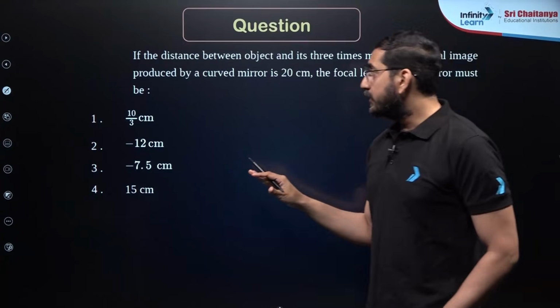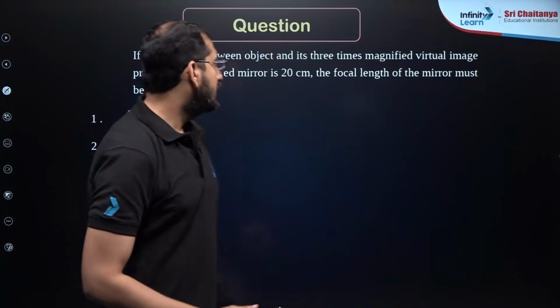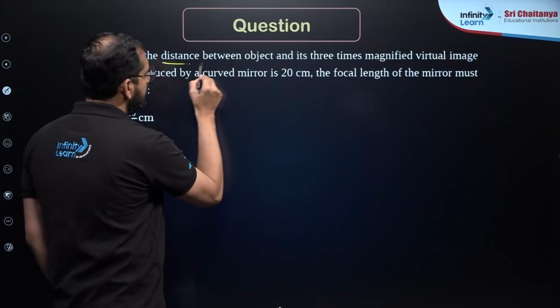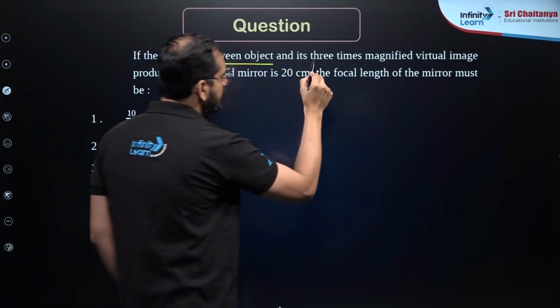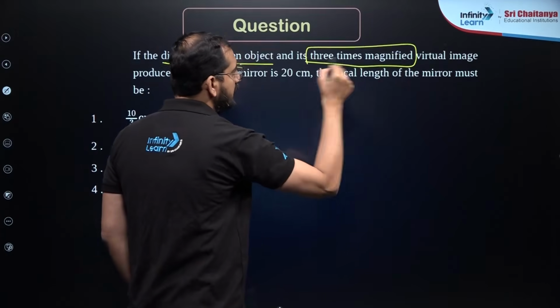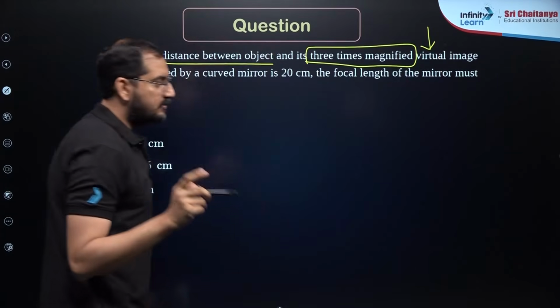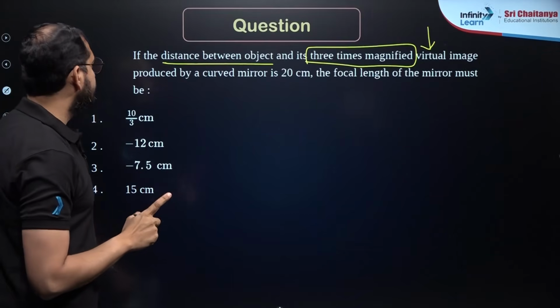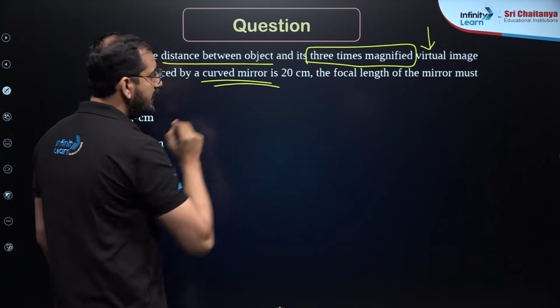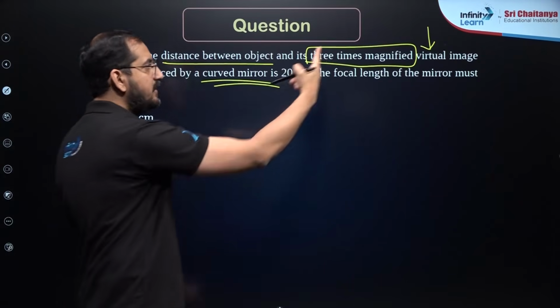This question is from ray optics. The question says that the distance between the object and the 3 times magnified virtual image. Okay, so first hint, the image is virtual, and we are talking about a mirror. And it is magnified.